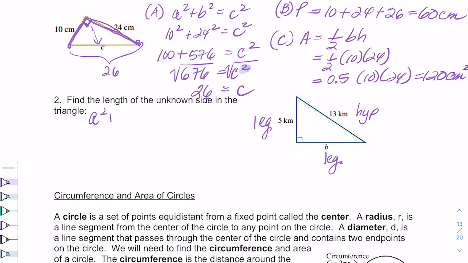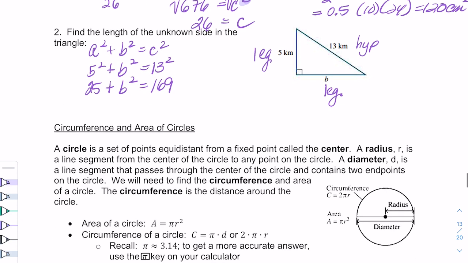So I have A squared plus B squared equals C squared. So A is going to be 5, B is my unknown, and C is going to be 13. Again, it's the hypotenuse, it's across from the 90-degree angle. So 5 squared gives me 25 plus B squared equals 13 squared, which is 169.